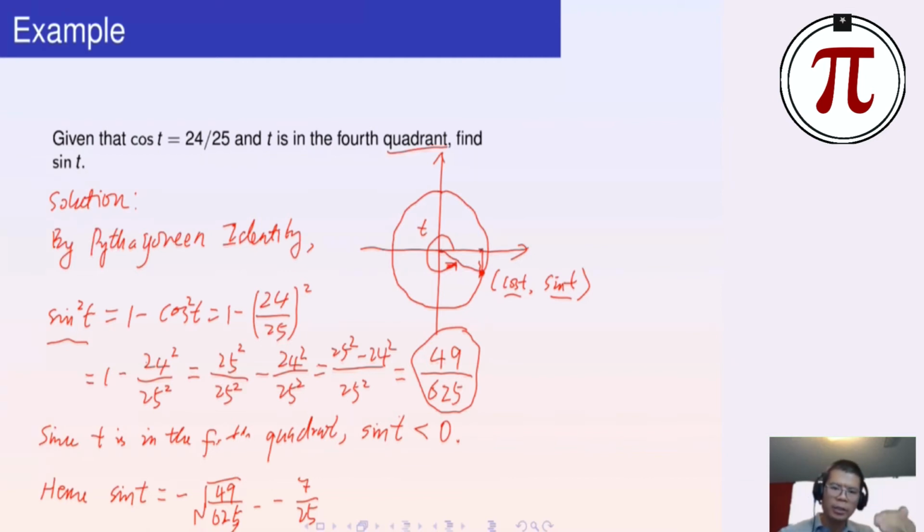Because t is in the fourth quadrant, sine t is the y coordinate, which is less than 0. Since it's less than 0, sine of t is the negative square root of that. So we found that. Just be careful on these types of questions.